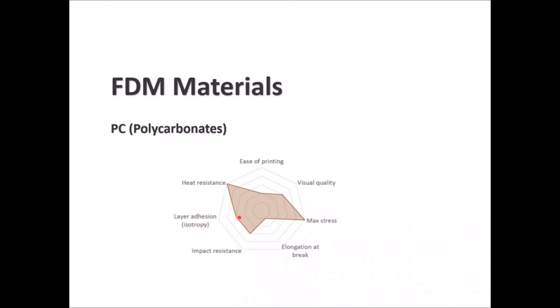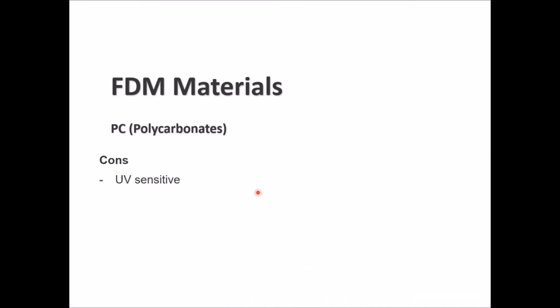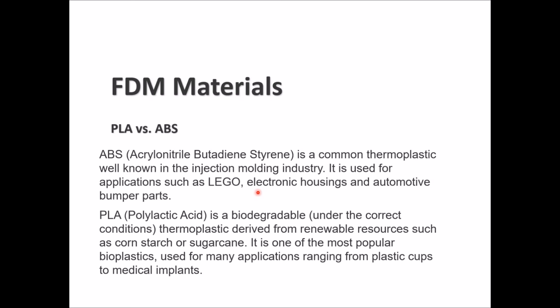Layer adhesion is considered medium, impact resistance medium, elongation at break is low, and maximum strength is very good. Visual quality is a little bit under medium, and ease of printing is considered low. It's not easy to print using this material. The bad sides for this material: it is sensitive to ultraviolet light.